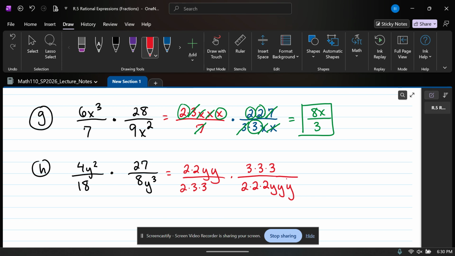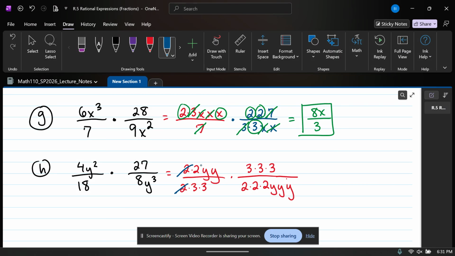I'm just writing it out as all of the factors, all the prime factors, which to me seems to be the simplest way to do it. And then you cancel vertically, you cancel diagonally. So vertically, I've got a 2 and a 2, and that's all I have vertically.